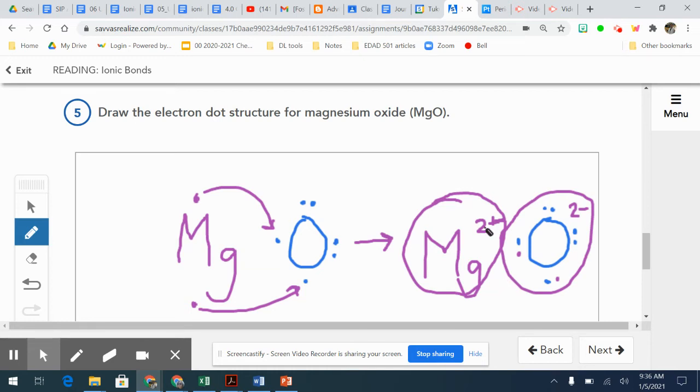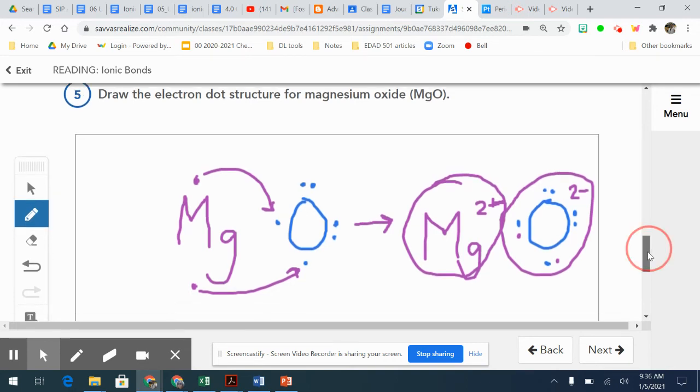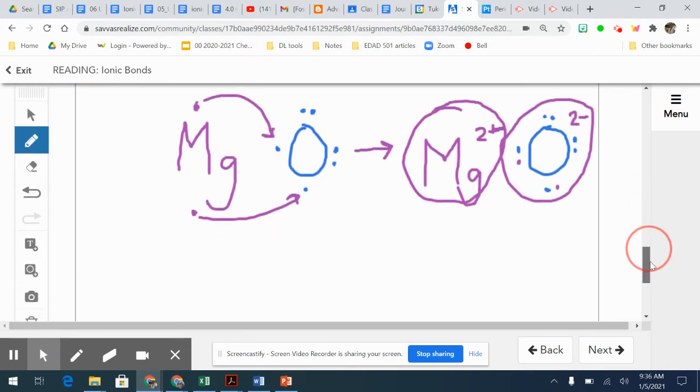Now, if I wanted to write, this is going to be the next step. Let's say I don't want to draw the Lewis dot structure. I just want to write the chemical formula for this. How many magnesiums do I have? I only have 1. Okay, it has a 2 plus charge, right? But that doesn't mean there's 2 of them. That's just the charge.